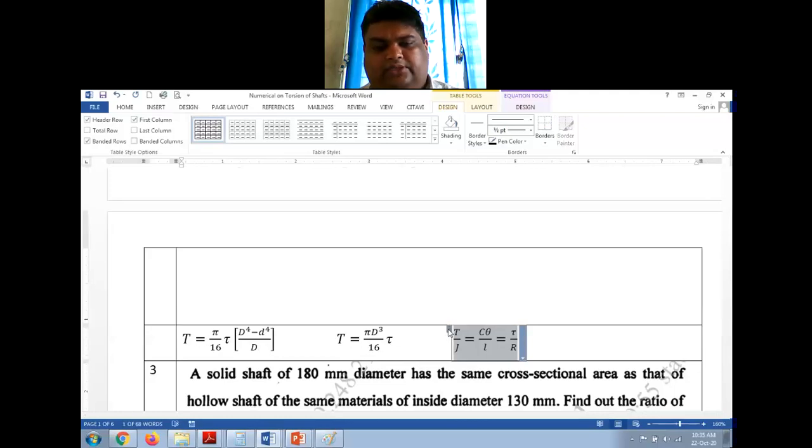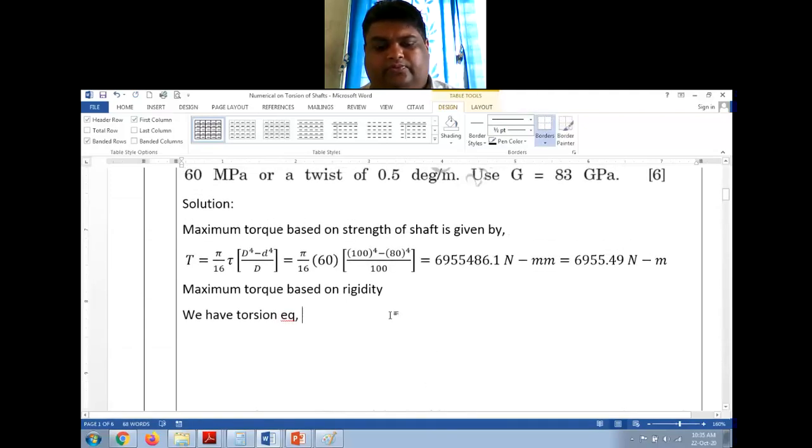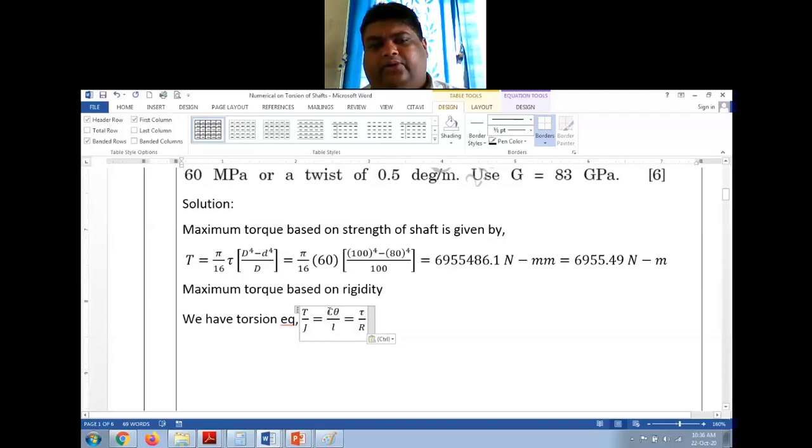This one, T by J is equal to C theta by L is equal to tau by R. So I need torque and I need to consider the twist in the shaft. So I will eliminate this last term in the torsion equation.